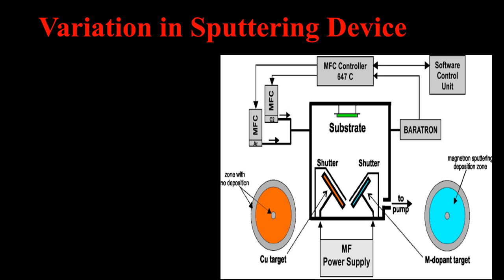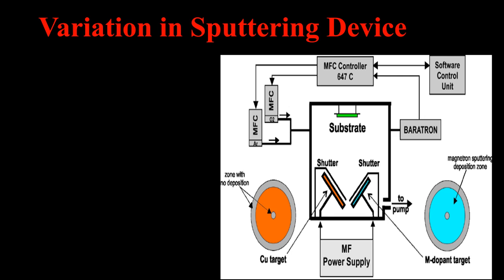So for this, basically source material is placed on different cathodes at different places inside the chamber, like this and this. These are the two different source materials, okay, and they are basically covered with a shutter.